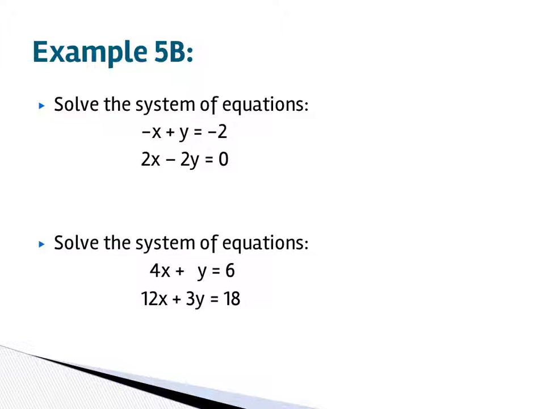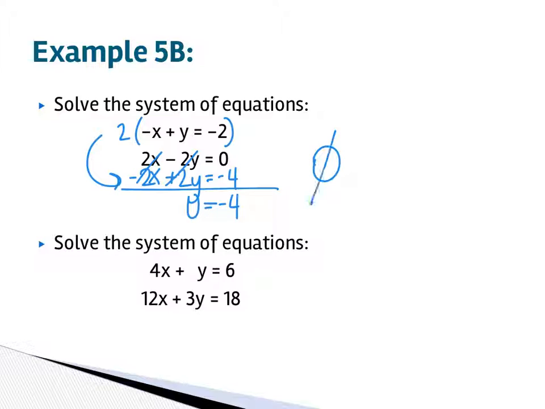Okay, this is a good spot to try this on your own, but I'm going to go ahead and solve it. If you will look, you can multiply the top one. I don't have any opposites, but I can multiply the top one by 2 and actually get, I'm going to write it down here, negative 2x plus 2y equals negative 4. And that cancels and I get 0 equals negative 4, which is never true, so it's no solution.